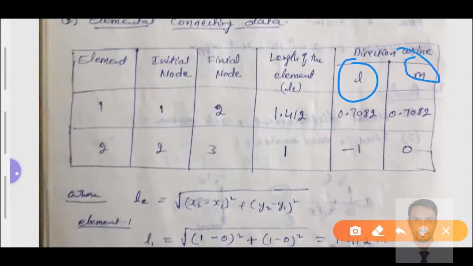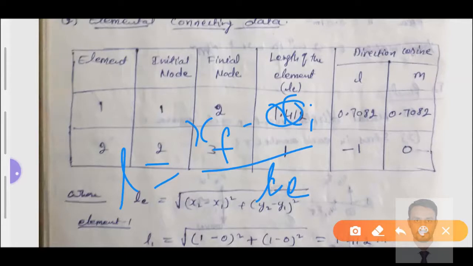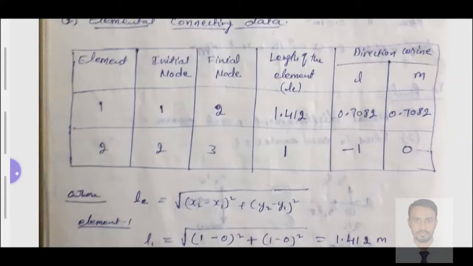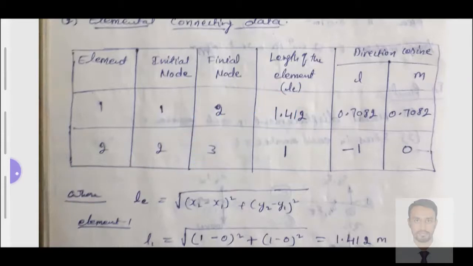We find it as L equals x final minus x initial divided by LE. So when we take LE, we get this value. Similarly, M equals y final minus y initial divided by LE. So these are the equations we have here: x final minus x initial divided by LE.